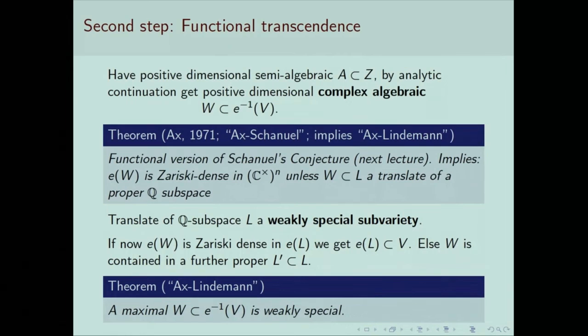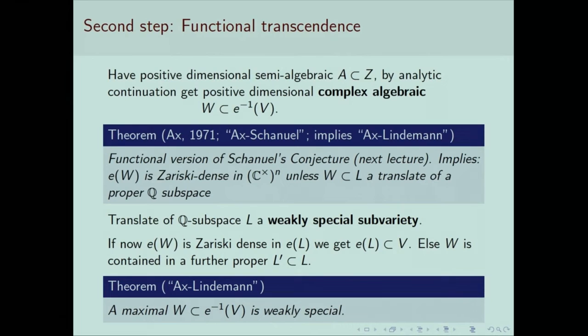So when can it happen that you can have a complex algebraic set W inside the pre-image of an algebraic set V under exponentiation, or if you like, when can the image of W under exponentiation be not Zariski dense?